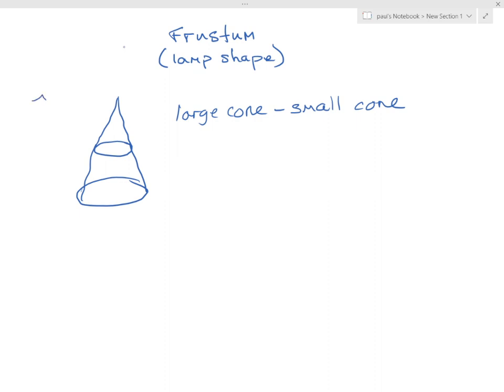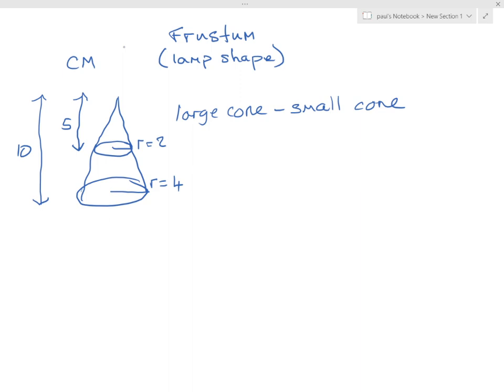So here is the height of everything, which is 10, call it all centimeters. And here is the height of this bit, which is 5, and the radius here r equals 2, and the radius here r equals 4.